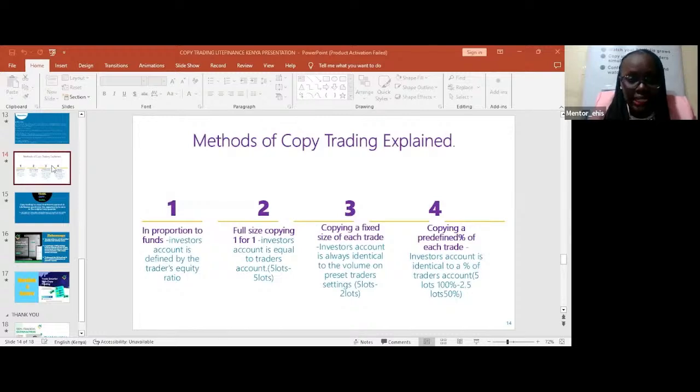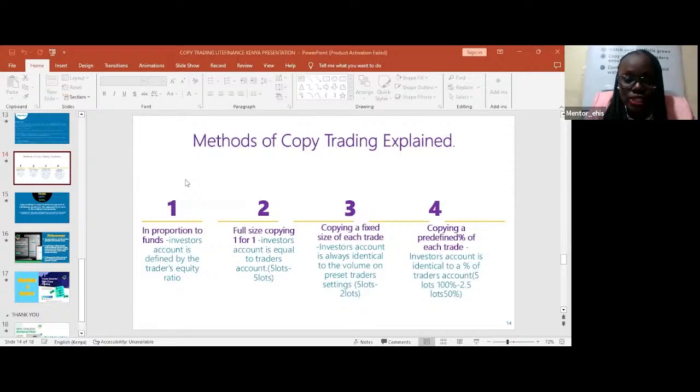We are on a slide on the methods of copy trading. When you log in after launching the copy, before even launching the copy, you would find there are some settings. It was a number 4 step actually, when you are setting the parameters, your copying settings. You would find there are settings that you're required to set onto your account. Number 1, in those settings, it is in proportion to funds.